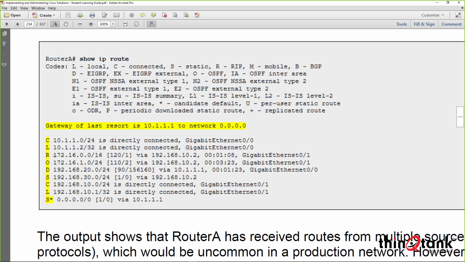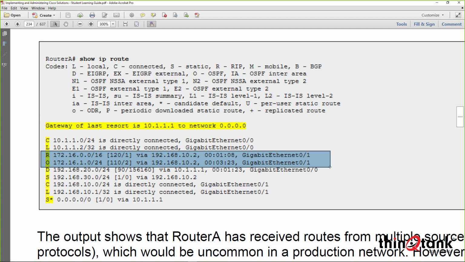This is really, really important. We have overlapping routes: 172.16.0.0/16 and 172.16.1.0/24. Isn't 1.0 included in 172.16.0.0/16?